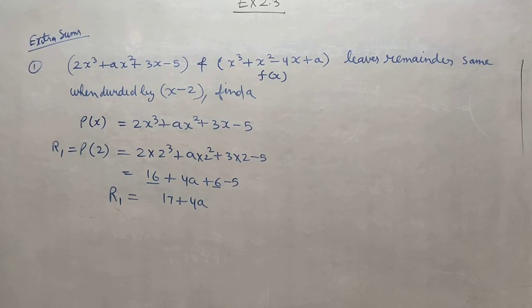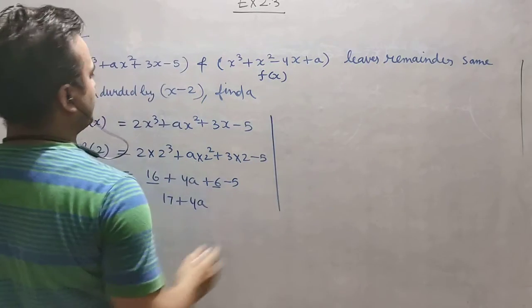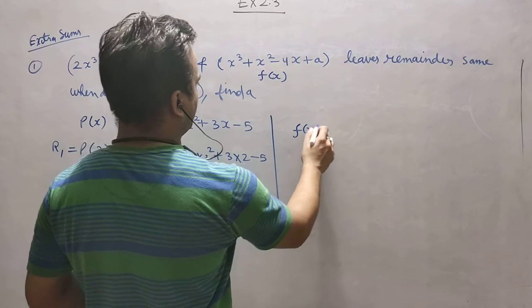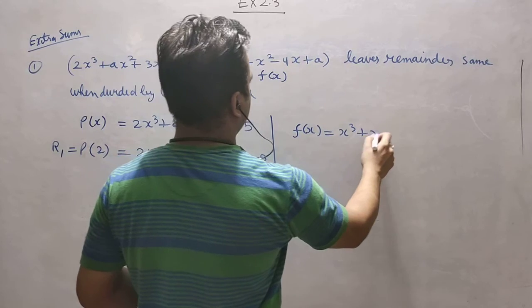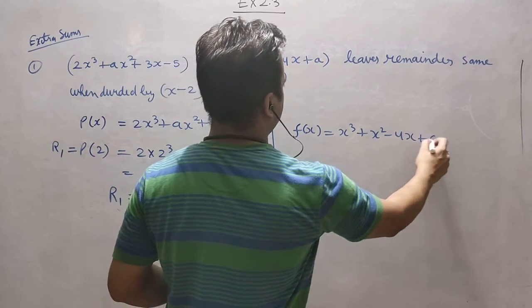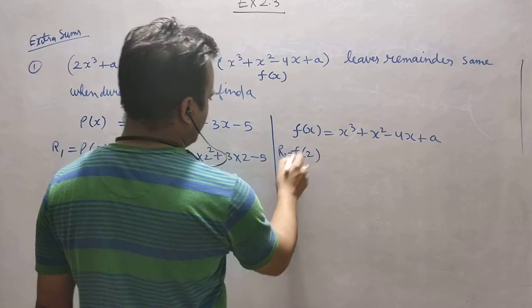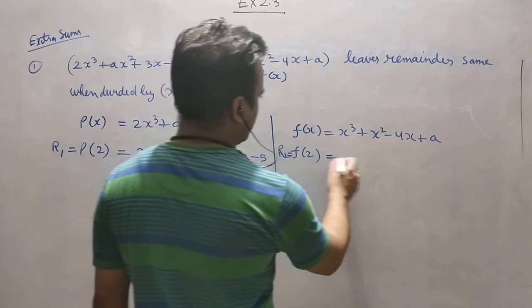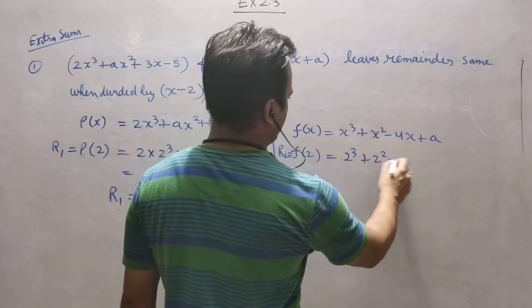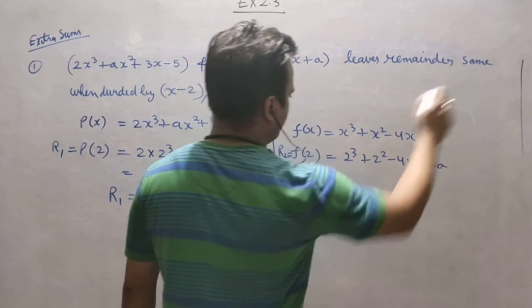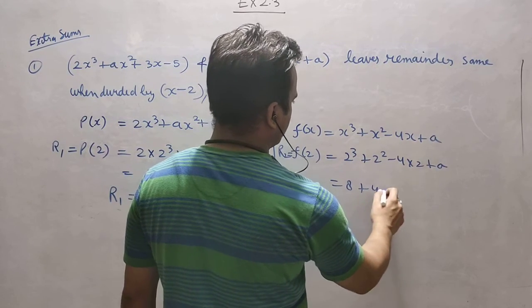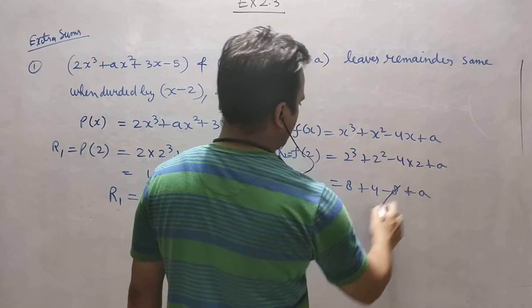Right? Now we will check for the second one, that is fx. We have supposed x cube plus x square minus 4x plus a. If we put here 2, it is called remainder 2, r2. So it is 2 cube plus 2 square minus 4 into 2 plus a. So it is 8 plus 4 minus 8 plus a, cancel.